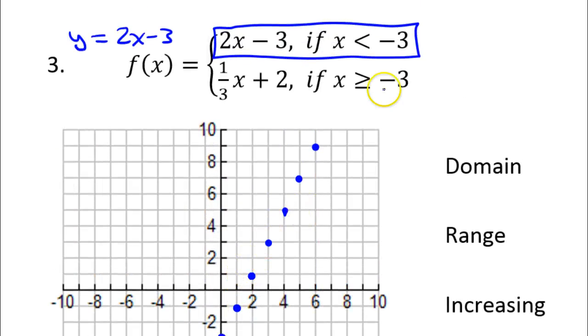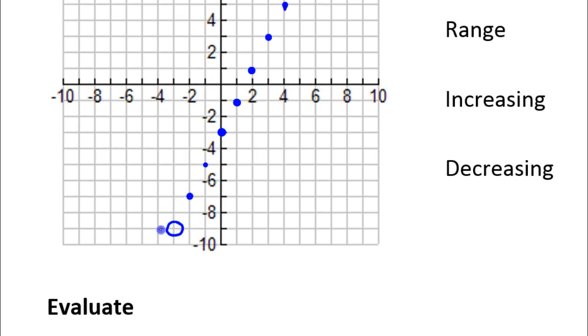Now, sometimes we keep the part of the line that is to the left of negative 3, and sometimes we keep the part that's to the right of negative 3. In this case, we're supposed to keep the part that is to the left of negative 3 because it says less than. Now that's going to be tricky here because we're almost at the edge of the graph, but just understand this.